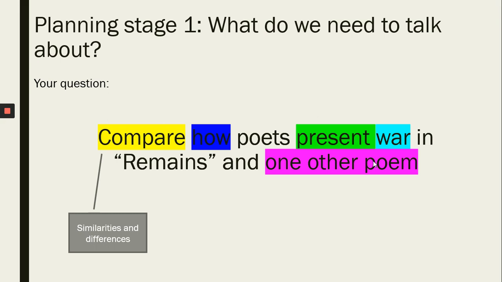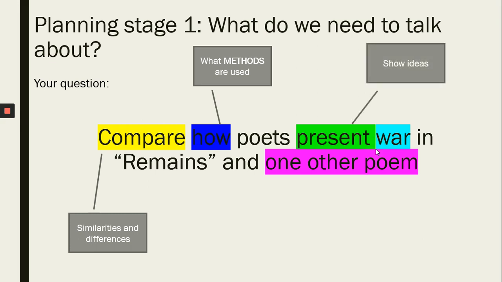And if you remember, how always means what methods are used. Do they use imagery? Do they use structure? What sort of form is it? All of those things. Now, the third key word you should have picked out is present, which means to show ideas. We want to know what ideas have been shown to us in both poems.